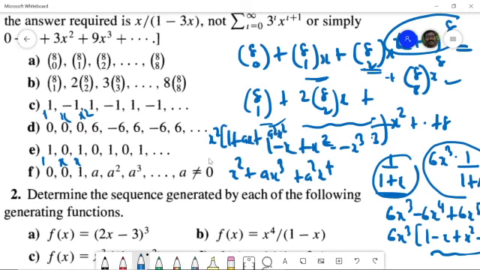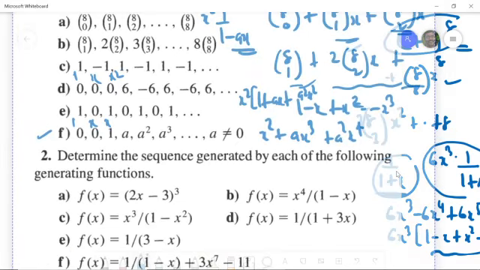You have already discussed that thing. It is nothing but x square into 1 by 1 minus ax. Okay, so these are all obtained from your knowledge of infinite series and also the binomial theorem, and we have also discussed some standard series. So that is the idea there.